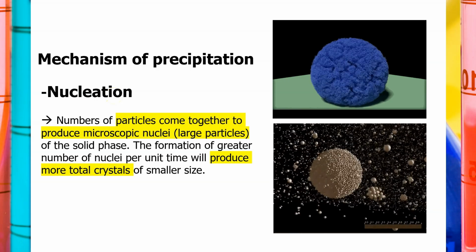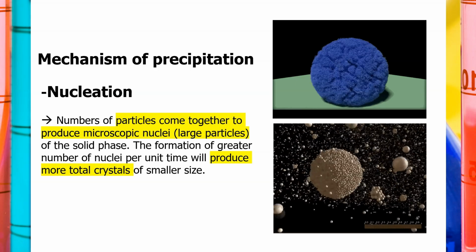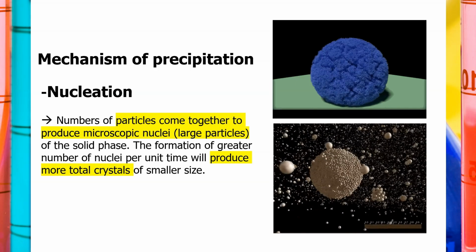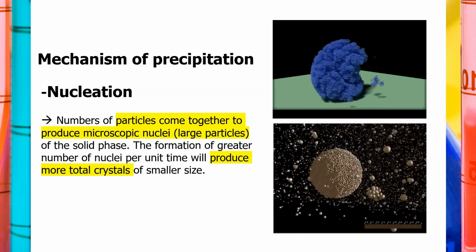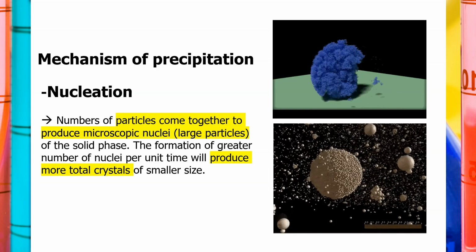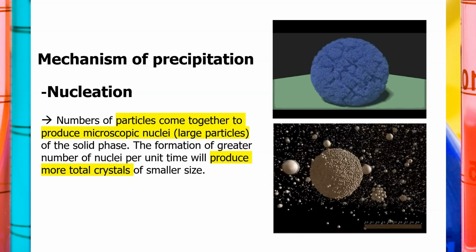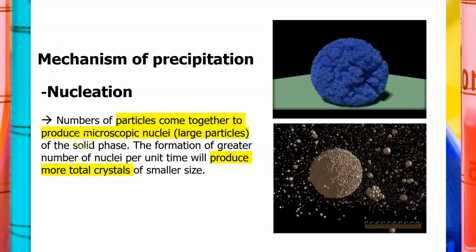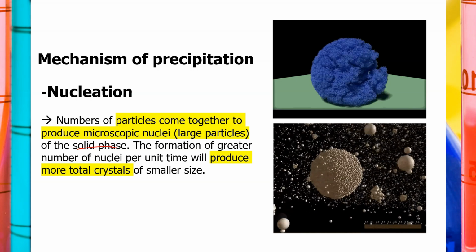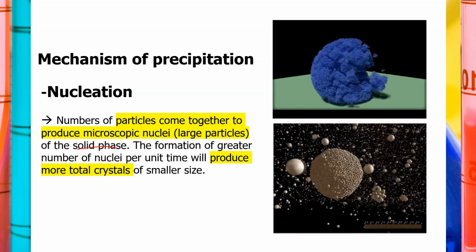Now we move to the mechanism of precipitation. The precipitation process involves the nucleation mechanism. The nucleation mechanism occurs when a number of particles come together to produce microscopic nuclei, which are larger particles in the form of a solid phase. The formation of a greater number of nuclei per unit time will produce more total crystals of smaller size.